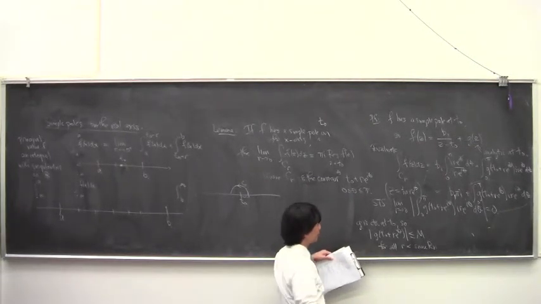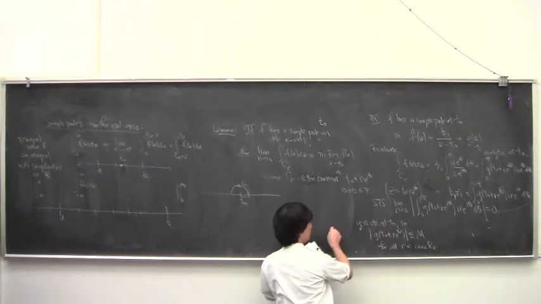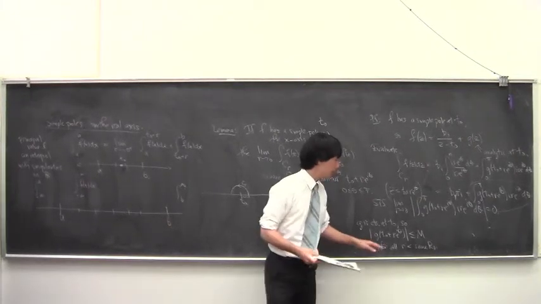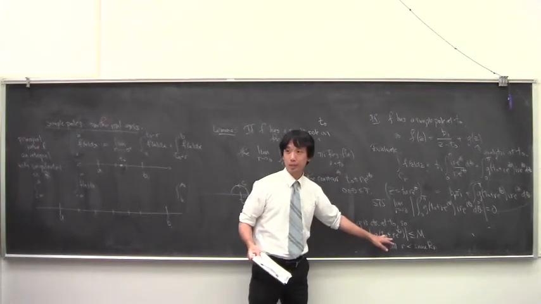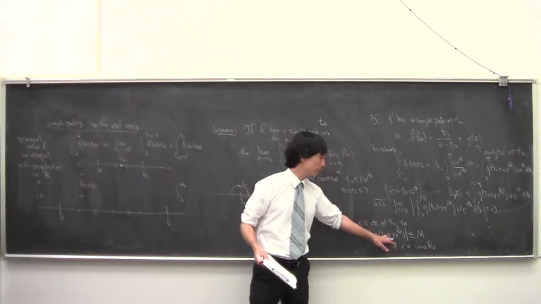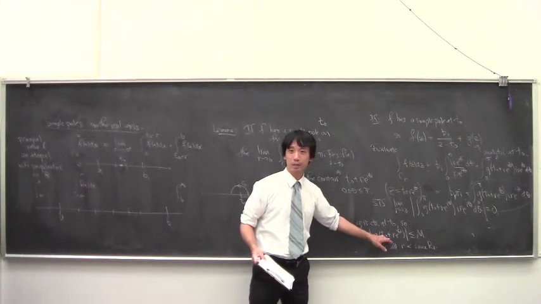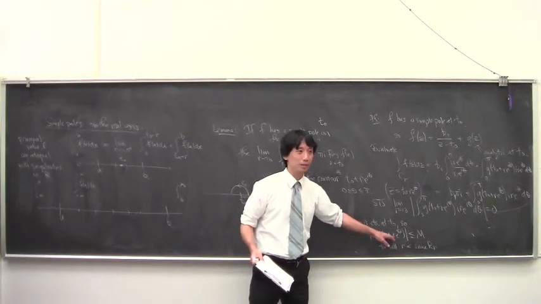You just take some small neighborhood of t naught, and you have a continuous function on this closed neighborhood.